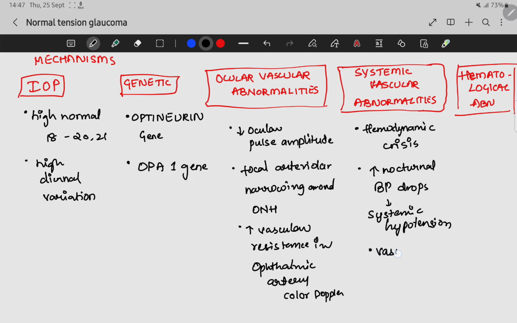Then we have vasospasms and Raynaud's phenomenon, and also migraines.